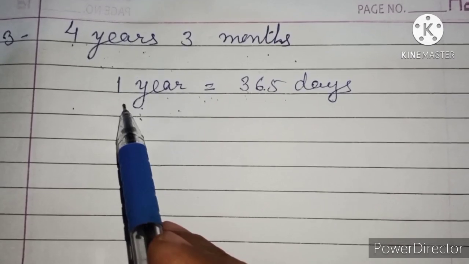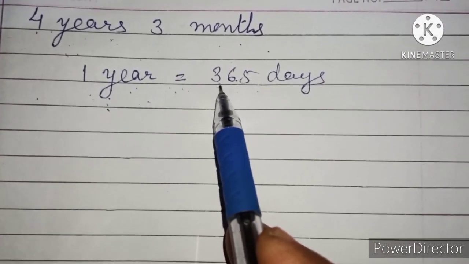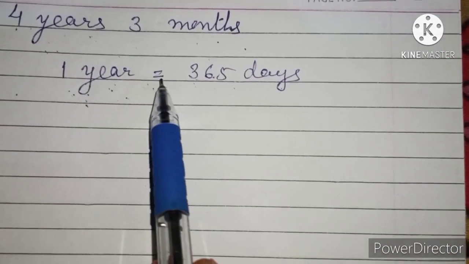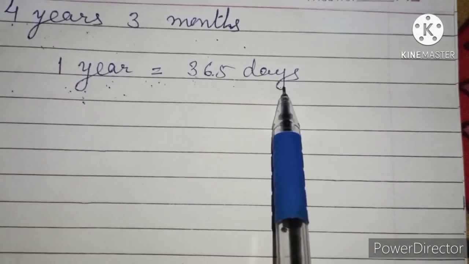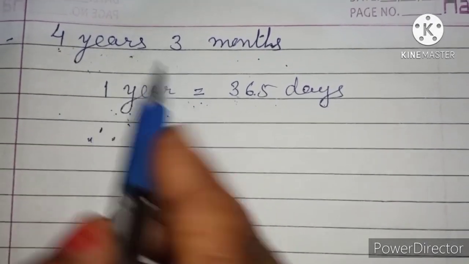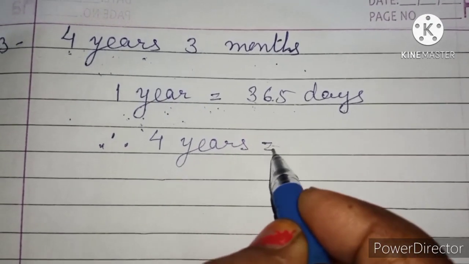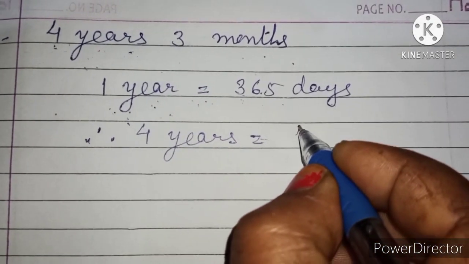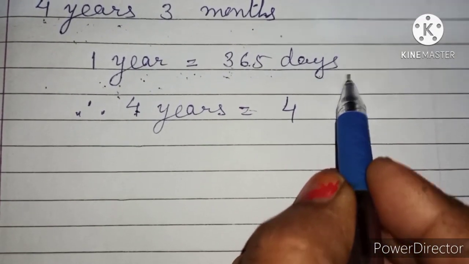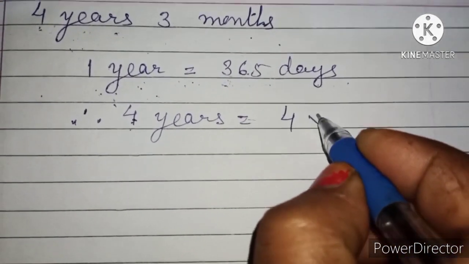So, I have written here 1 year is equal to 365 days. As we know, 1 year is equal to 365 days, so 4 years is equal to 4 multiplied by 365 days.